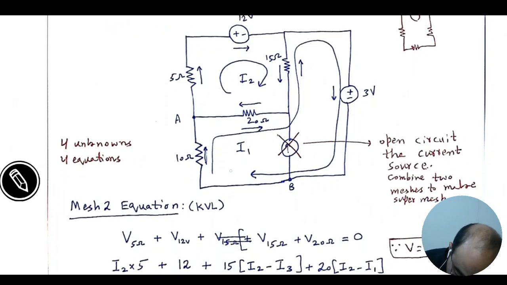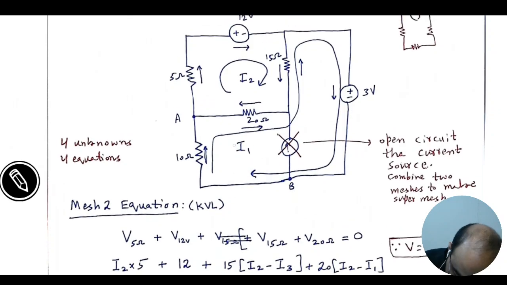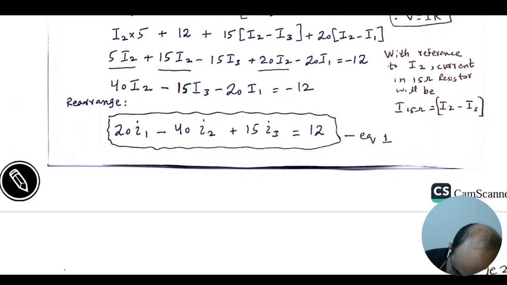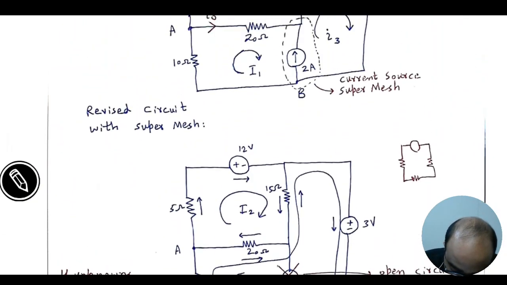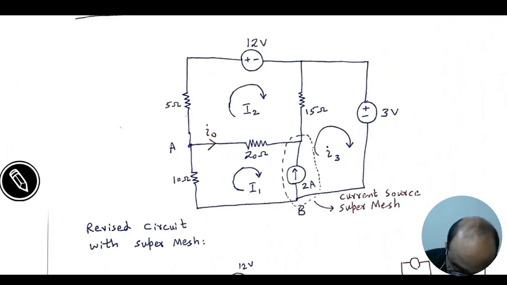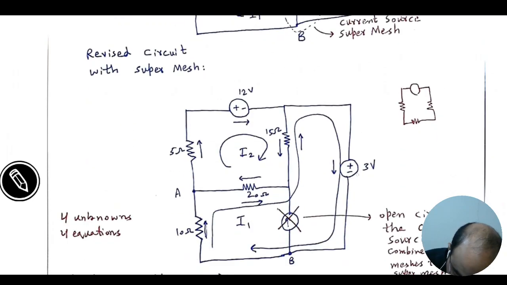Now we are dealing with I1, that's why we will keep I1 positive and I2 negative. Here you can see I1 is positive, I2 negative. 20 into I1 minus I2, plus the next resistance is 15. You can see the current flowing across 15 ohm is I3 minus I2.